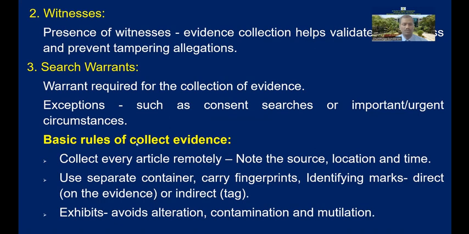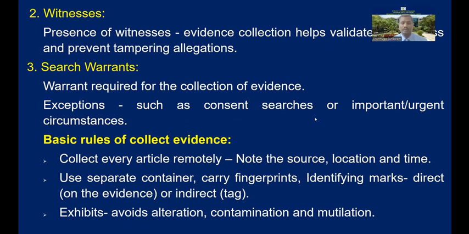What are the basic rules for collecting evidence? Here, collect every article, and note the source, location and time. Each and every article is important. Use separate containers and mark fingerprints and identification marks, directly on the evidence, or as indirect evidence marking.